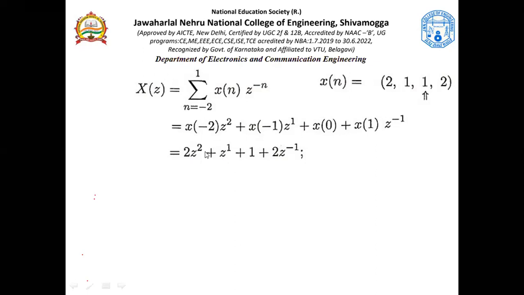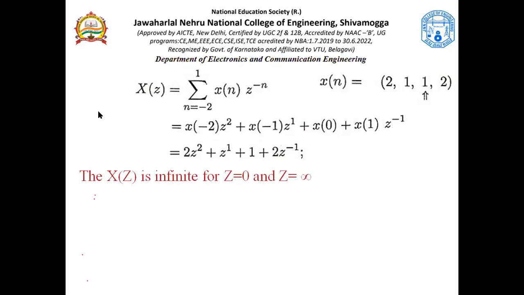That means for z equal to infinity also, x of z would be infinity. For z equal to 0 also, x of z would be infinity. So leaving z equal to 0 and leaving z equal to infinity, all the rest of the values would form the ROC.